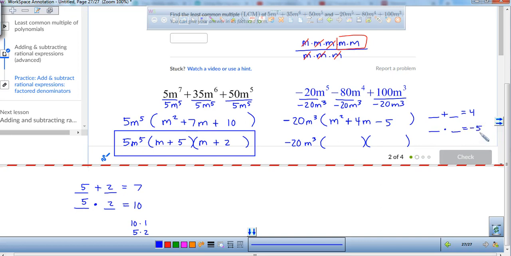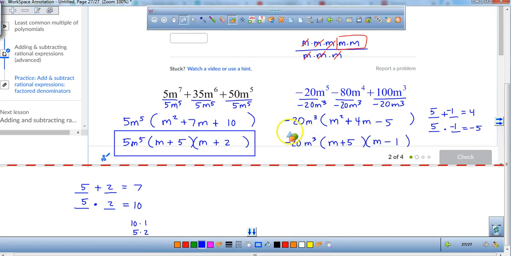And the only factors of 5 are 5 and 1, so I know I'm going to have a 5 and a 1, but I have to make the 1 negative, and the 5 stays positive. So I'm going to put m plus 5 and m minus 1. So now I have everything completely factored into its factored form.